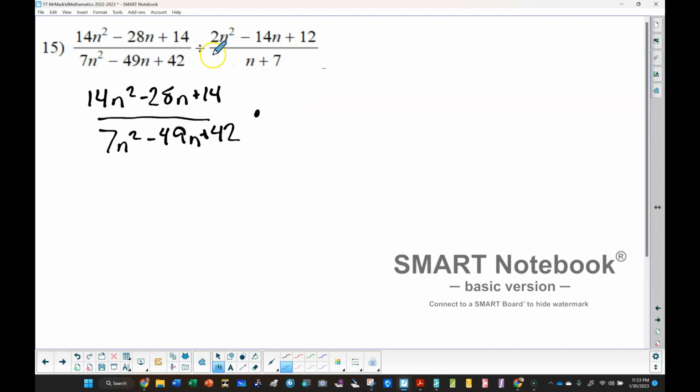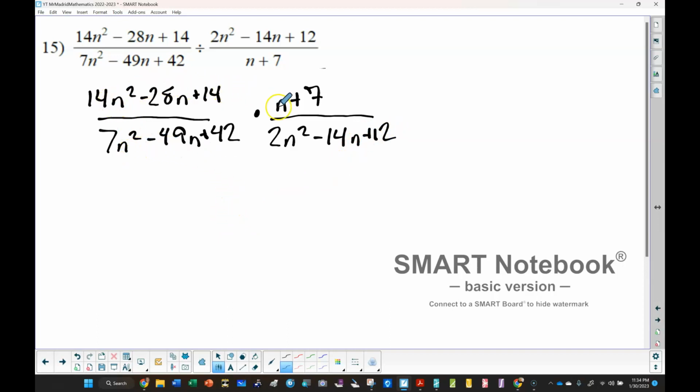Okay, so look, I multiplied, which means I gotta switch them. Now again, these are more advanced, but that doesn't mean you quit. Okay, you just hang in here.